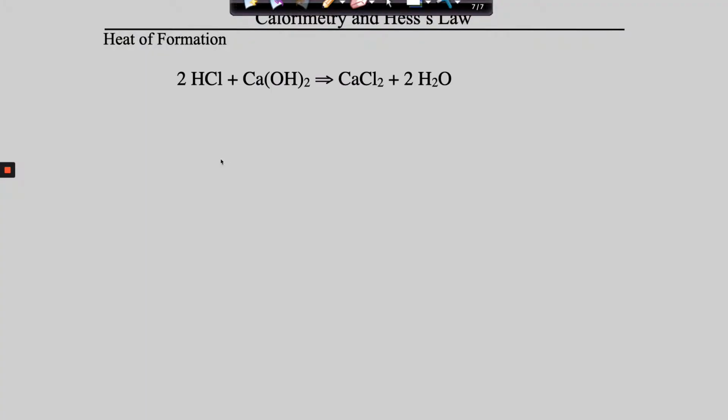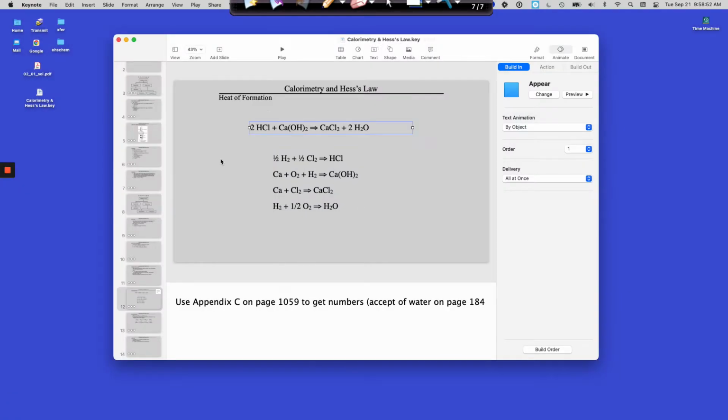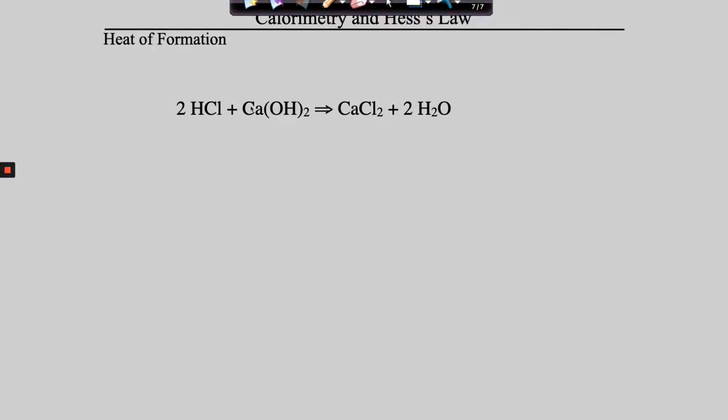Yeah, I don't like that. Never mind. I'm going to leave it there. This gives me more place to play. Okay. Did you get it down? Okay, so what are we trying to figure out? The thing that we're trying to figure out is the delta H for this reaction.